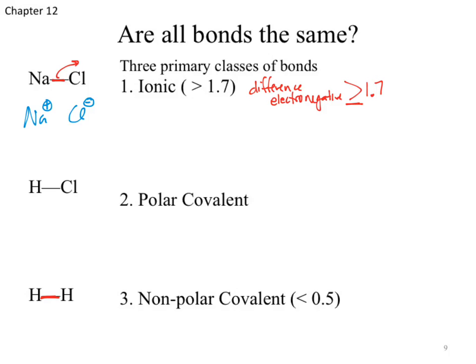What happens with that extra definition? Polar covalent. Okay? This is kind of an interesting category. So the way we've sort of presented it so far is that our bonds are ionic, purely, or they are covalent, purely. As soon as we add this definition of our difference in electronegativity, now we have this big gray area between 0.5 and 1.7.